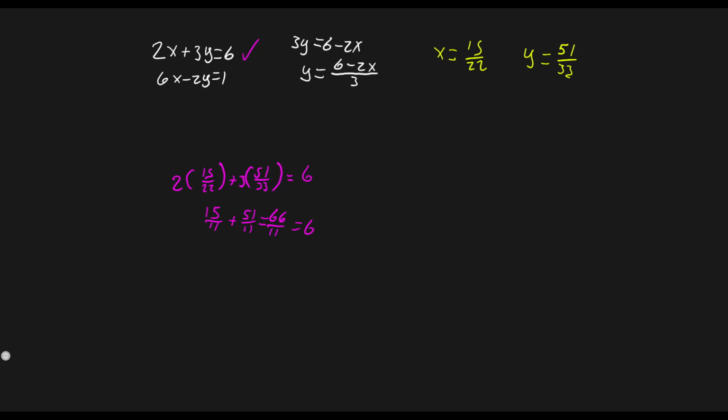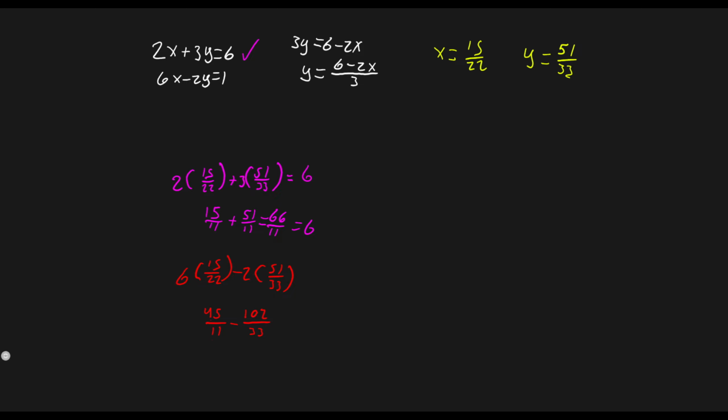And now we will check if our second equation is correct. So we get 6 times 15 divided by 22 minus 2 times 51 divided by 33. We end up getting 3 times 2 times 15 divided by 22, which does indeed give us 45 divided by 11, minus 102 divided by 33.